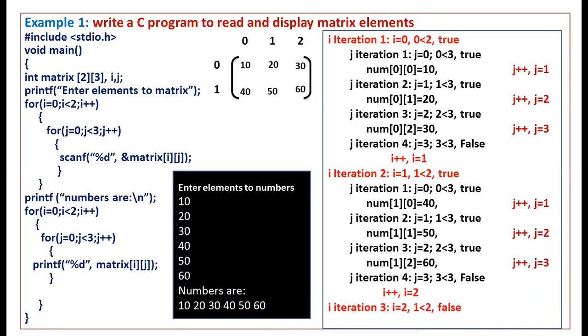See, if I don't use that printf of \n, your output will be like this. Now I will write printf here. After adding this, my program will be, see, output will be like this. Now that is the difference.